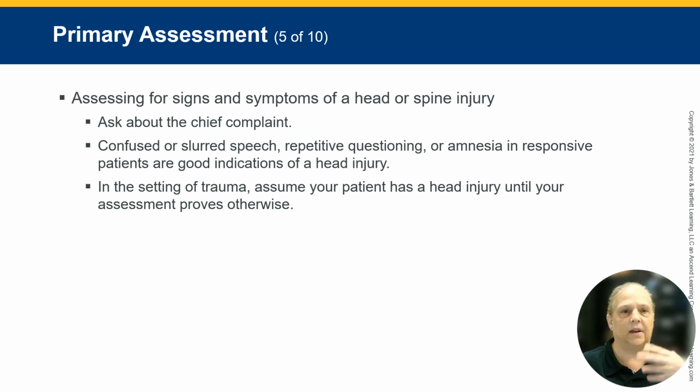These are examples of repetitive questioning. Anytime we have that type of questioning, you want to start thinking very seriously, this patient may have a serious head injury, okay? In the setting of trauma, we're going to assume they have a head injury until we prove otherwise by our assessment.